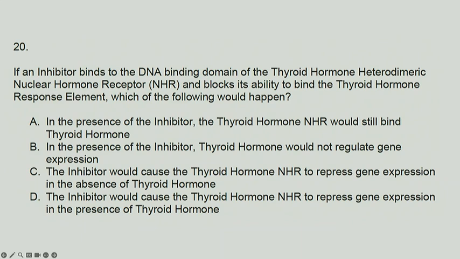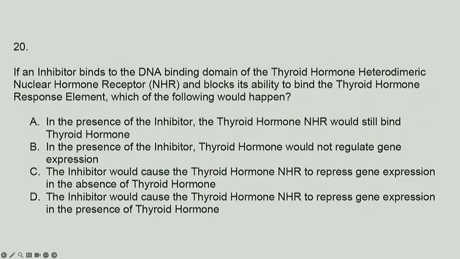I just gave that away. No, it's not going to, right? Hormone or not, you're not going to get any regulation through that. Okay? The inhibitor would cause the thyroid hormone NHR to repress gene expression in the absence of thyroid hormone. So this is a heterodimeric one that can no longer bind to DNA.